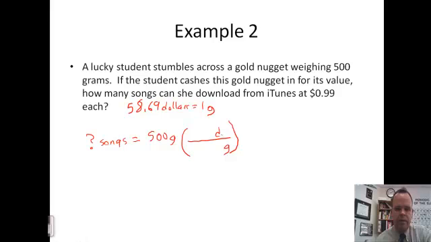So from grams to dollars, in this case, 1 gram is $58.69. Then 1 song is $0.99.